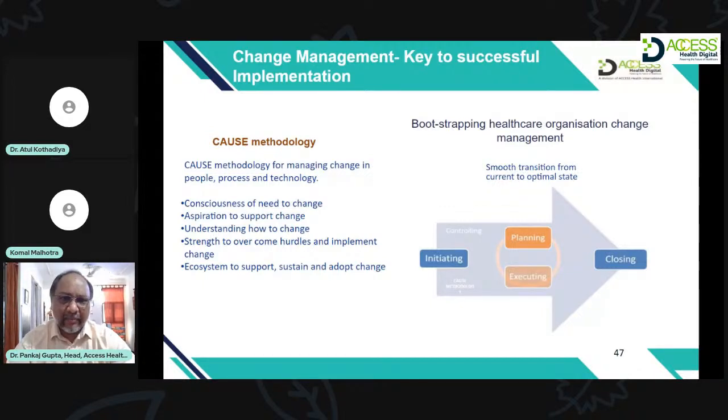We've seen it umpteen number of times. In fact, in many of the implementations that I have been in, I have bluntly gone to the top management and said, if you're not going to be involved, if you're not going to be responsible, if you're going to leave it that some IT guy is going to be responsible for the change, this is going to be a guaranteed failure.